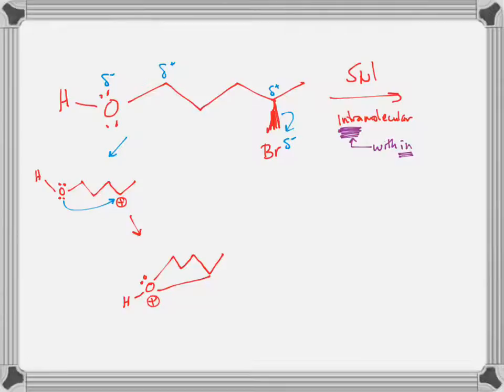Does oxygen want to be positive? Nope. So what happens? It'll take the electrons away from the hydrogen, and I would end up with my final answer. Peace, there it is, next question.